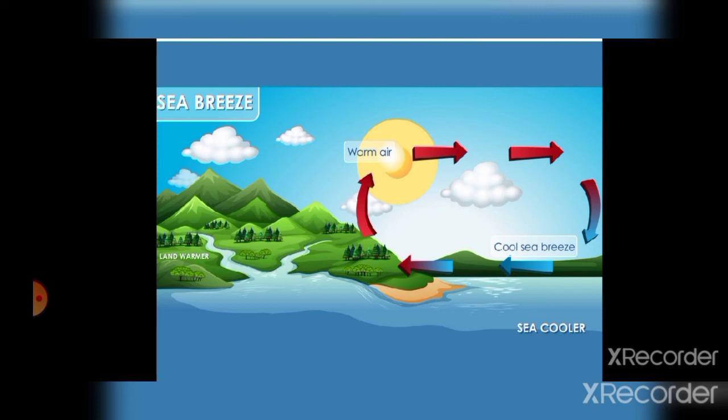The breeze blowing from the sea towards the land is called a sea breeze. So here the cool sea breeze blows only during the daytime when the land is hotter than the sea. To receive the cool sea breeze during the day, the windows of houses in coastal areas are made to face the sea.